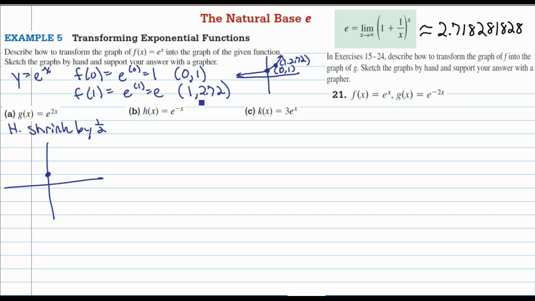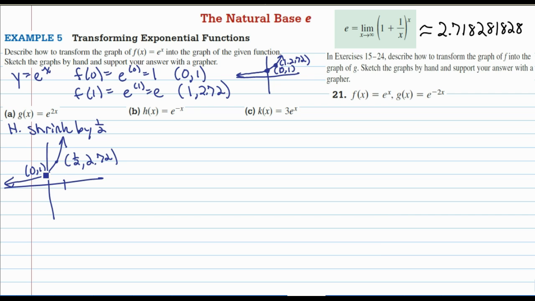But now instead of (1, 2.72), we'll have (1/2, 2.72). So this graph will look shrunk towards the y-axis, horizontally smushed in towards the y-axis. So this will be (1/2, 2.72), and this will be (0, 1).